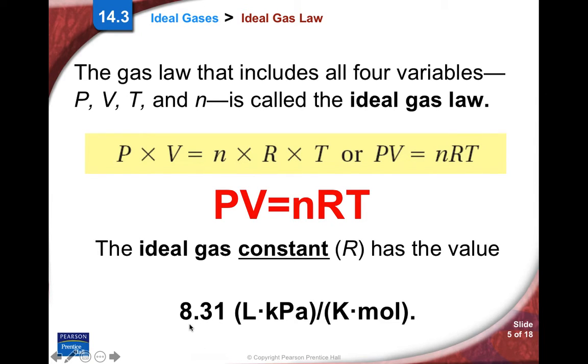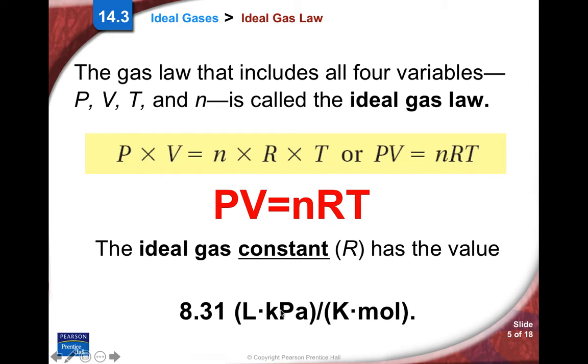The numerical value is 8.31 if you use volume in liters, pressure in kilopascals, temperature in Kelvin always, and number of moles. Now, there are other values for R. You can calculate it if you're using a different volume or a different pressure unit. You'll never use a different temperature or different moles. There's nothing other than that.